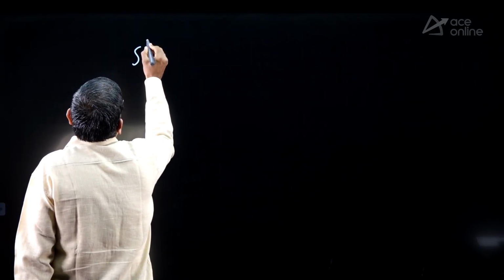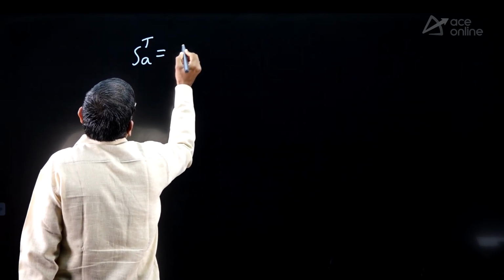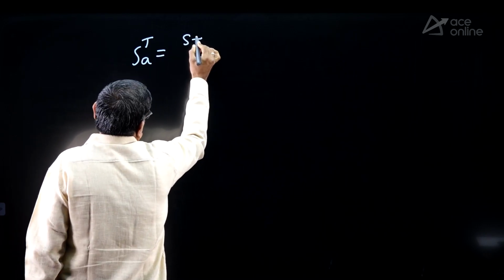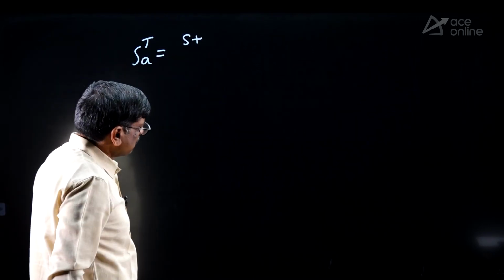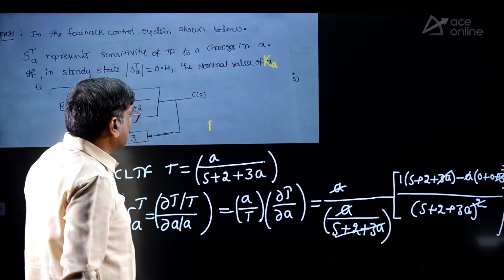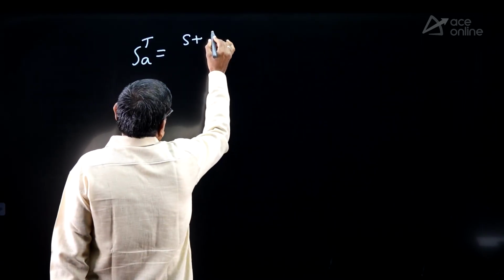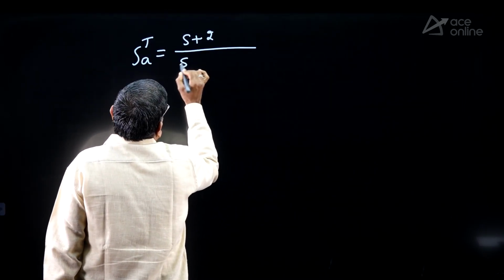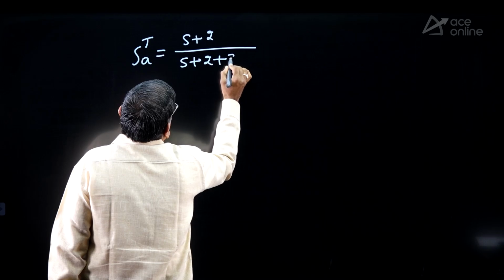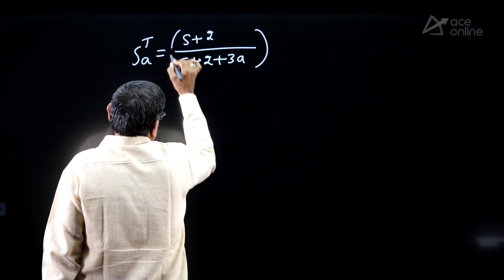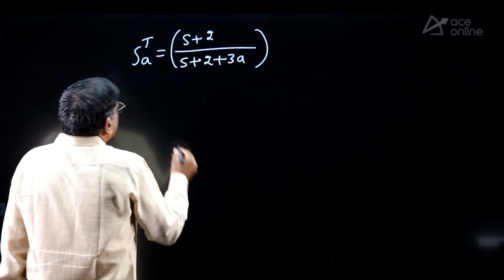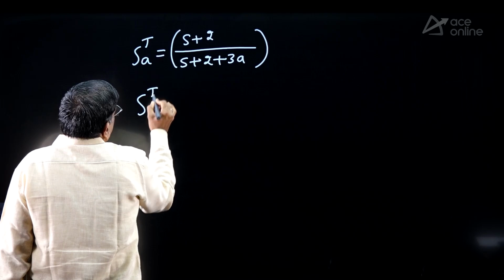So S_A^T equals (S plus 2) divided by (S plus 2 plus 3A). This is the sensitivity. In steady state you find S_A^T.